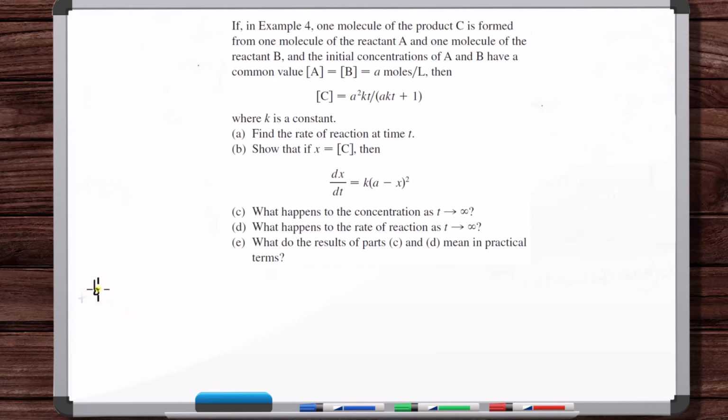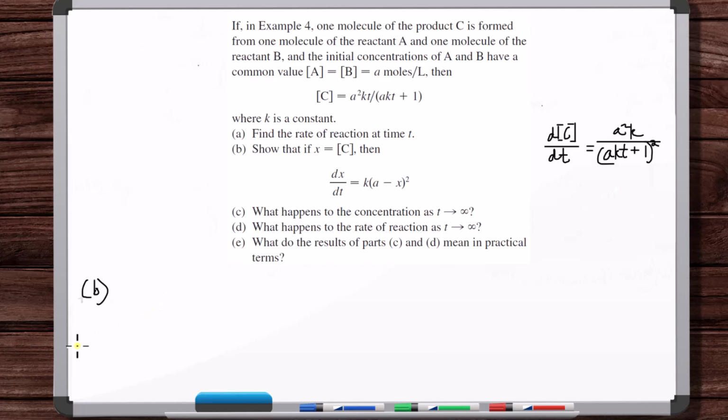Part B. Show that if x is equal to the concentration of C, then dx/dt is equal to k times (a minus x) squared. Okay, so there's the derivative we just calculated. If x is equal to the concentration of C, well, okay, then we need to substitute C in here, simplify, and we should get this.